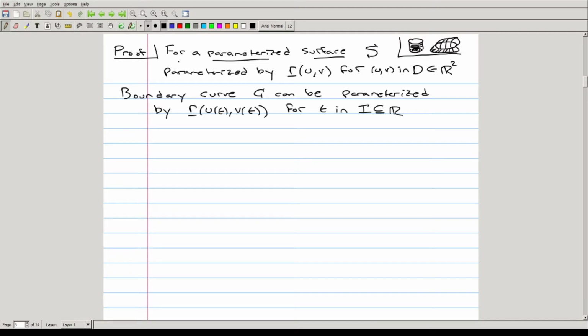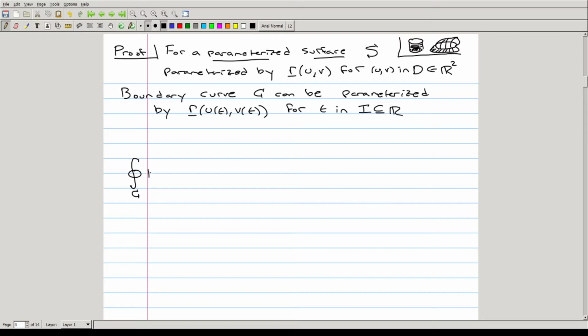And what we'll do to start this proof is start with the line integral portion, and we'll eventually show that it's the same thing as the surface integral that we got before.